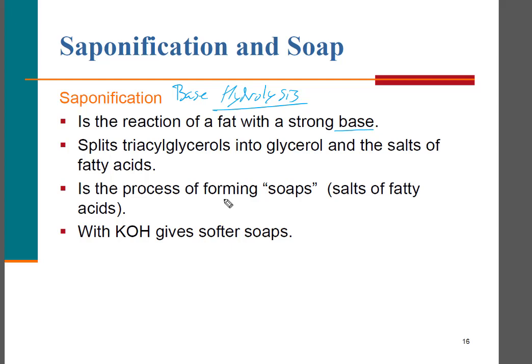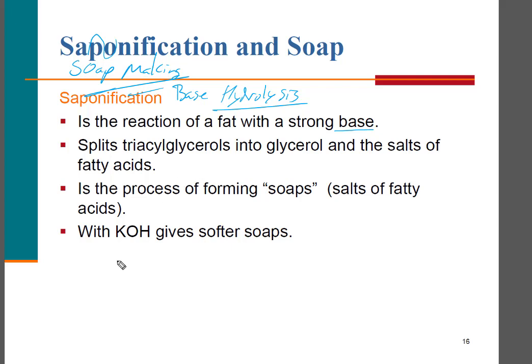Actually, you can just rearrange these letters a little bit: SOAP. This is soap making. Before COVID interrupted our semester, we were going to do a lab where we made soap, and pretty much the same reaction happens.